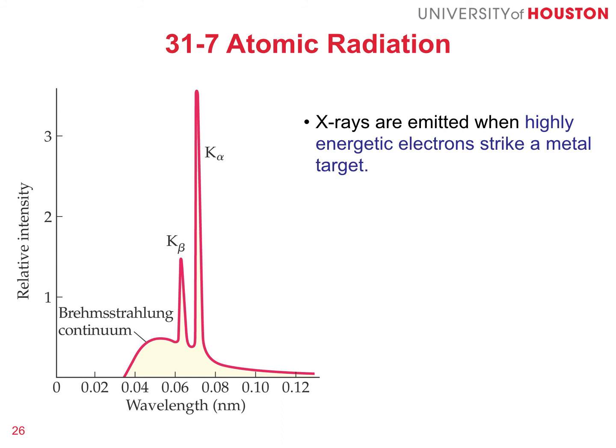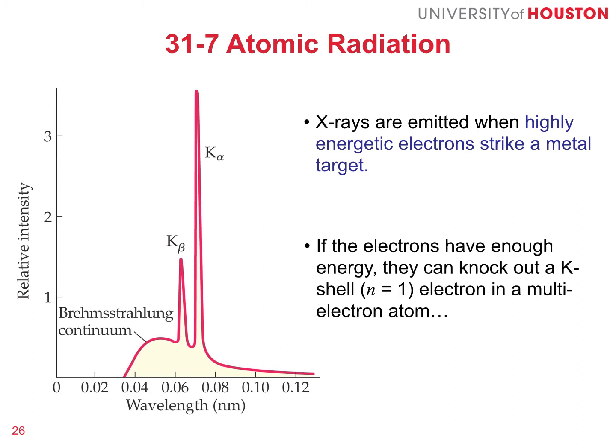If the electrons have enough energy, they can knock out a K shell, which corresponds to n equals 1 electron in a multi-electron atom. On the left, we have a diagram of the relative intensity of the radiation and the wavelength, and we can see 2 spikes, which we refer to as K alpha and K beta.